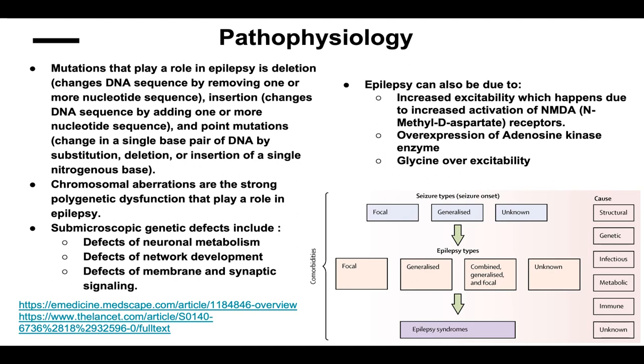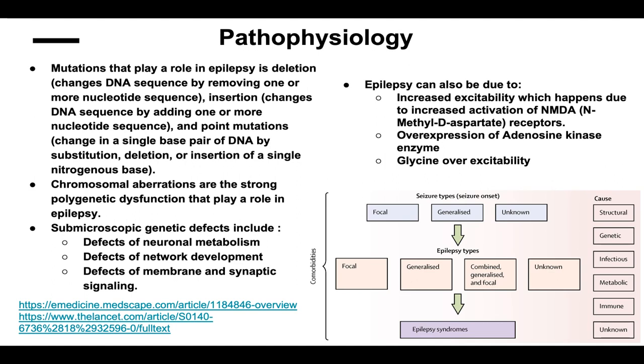On the bottom right, I have a picture that explains the seizure type, which are focal, which is the basic start, focal, generalized, and unknown, which then lead to the epilepsy types: focal, generalized, combined generalized and focal, as well as unknown, which then leads to the epilepsy syndrome.